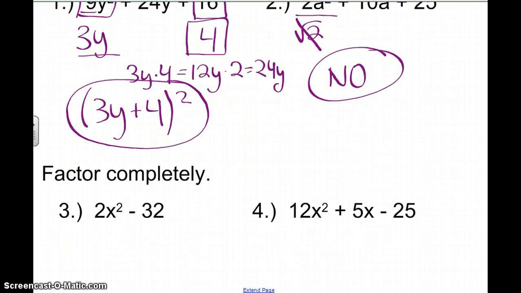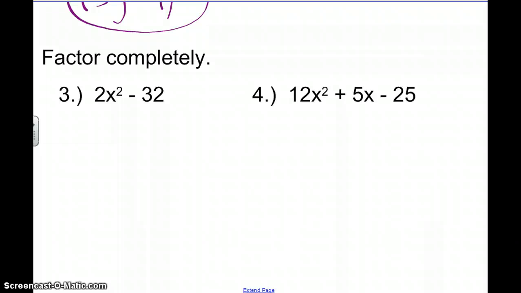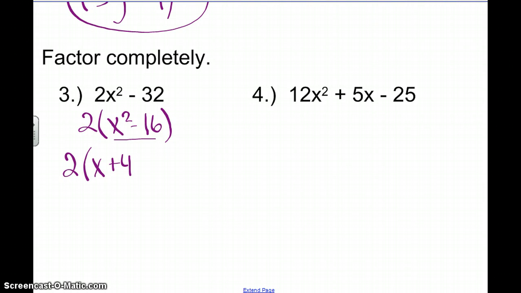And number 3, we're going to factor. Going back a couple sections ago, I can factor out a 2 first, and then I'm left with x squared minus 16. Now I can factor my perfect squares. Since it's a negative, I have 2 times (x + 4) times (x - 4).